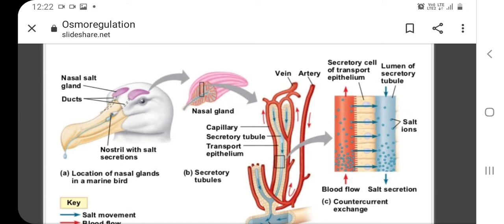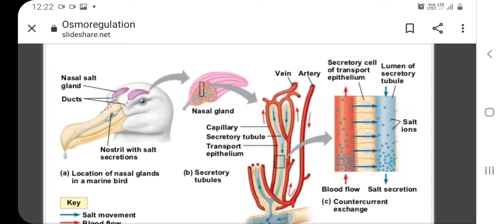In between the capillary and secretory tubule are present the epithelial cells. Blood carrying the salts is present in the blood flow. The red tube, the blue spheres are the salt.